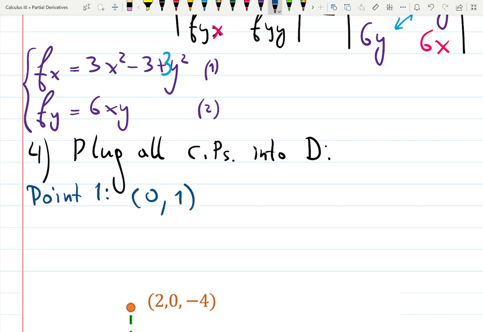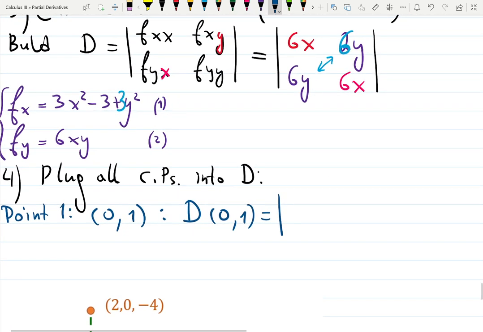Let's start with 0, 1. D at 0, 1: plug the point, calculate your determinant. Maybe you have a pencil and write down x equals 0, y equals 1. It's going to be 6 times 0, 0, and 6 times 1, 6. You see how simple that is?